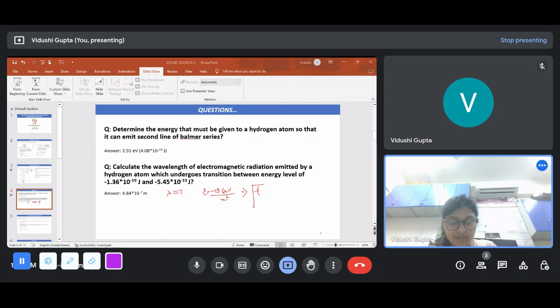So it will be under root minus minus 5.45 into 10 minus 19 divided by 13.6.